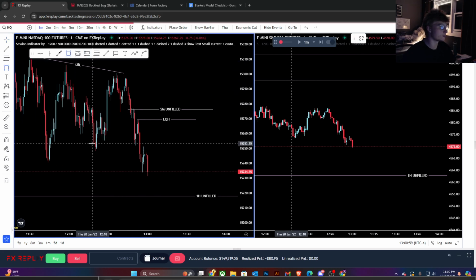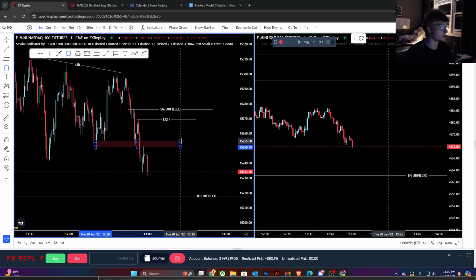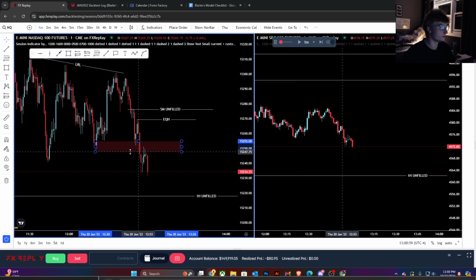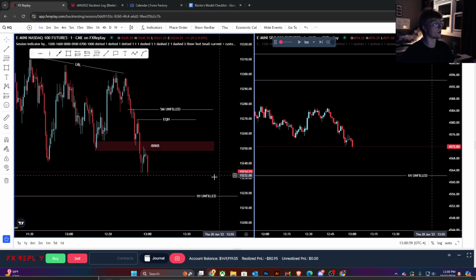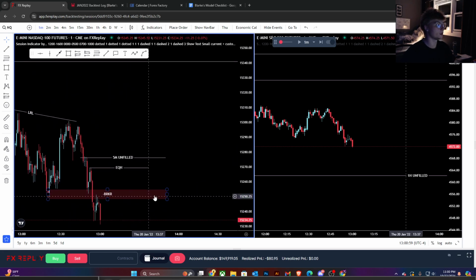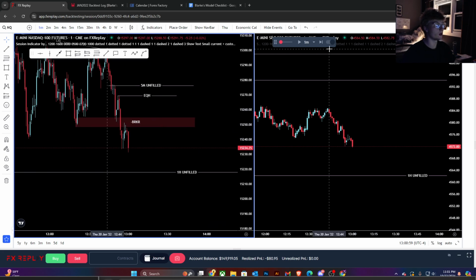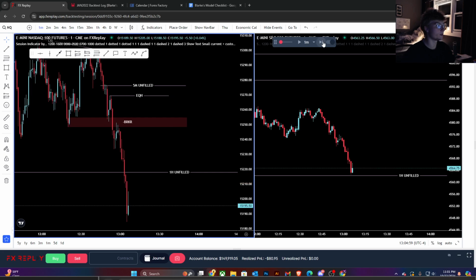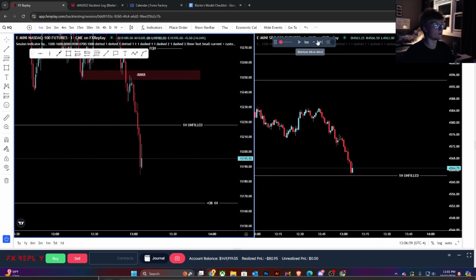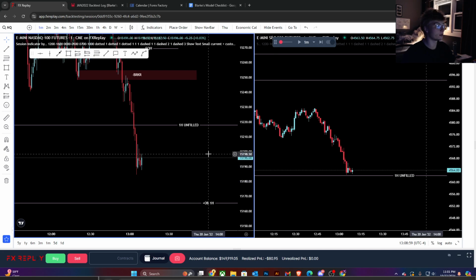Also got this breaker here, reacted off there. So yeah, I do think we could deliver lower here, and then if we can get longs, it'll be clean. See how we open up here. Alright, straight up dumping. See if we can tap the hourly OB.